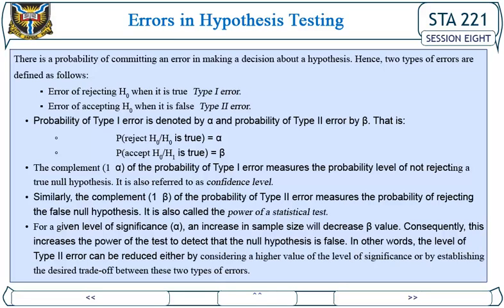Hence, two types of errors are defined as follows. Error of rejecting null hypothesis when it is true, type 1 error. Error of accepting null hypothesis when it is false, type 2 error.